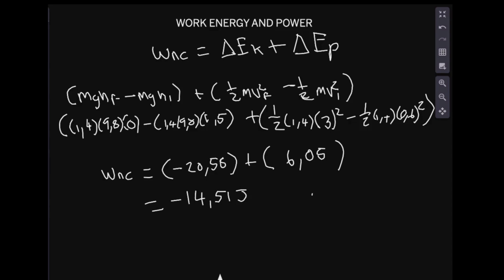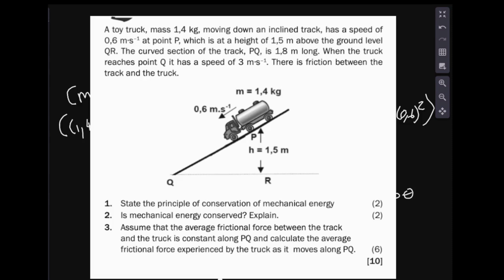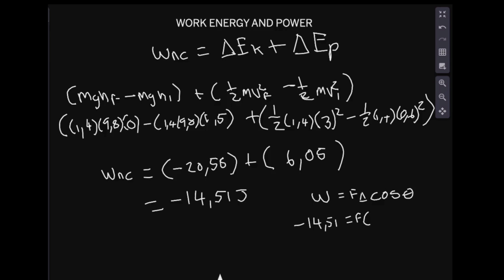Now, we know that work is equal to force times distance times cos of the angle. Okay, so we know that negative 14.51 is equal to force times, what was the distance traveled? The truck traveled a distance from P to Q of 1.8 meters.